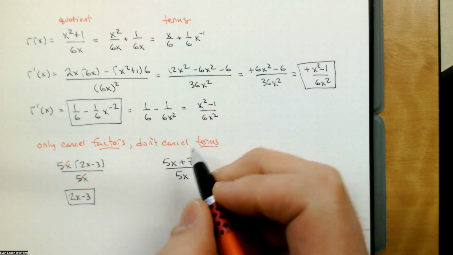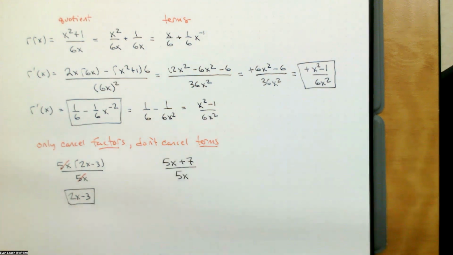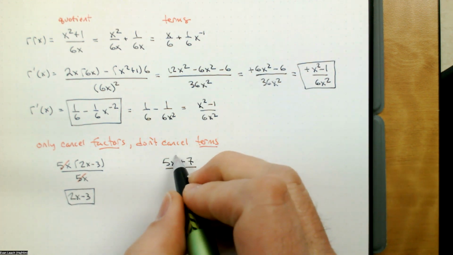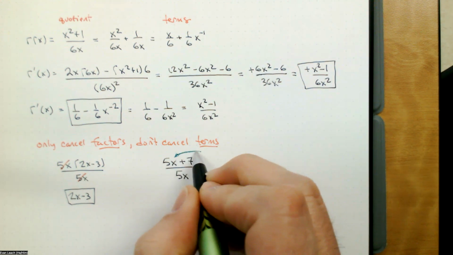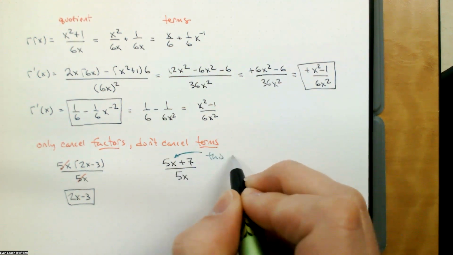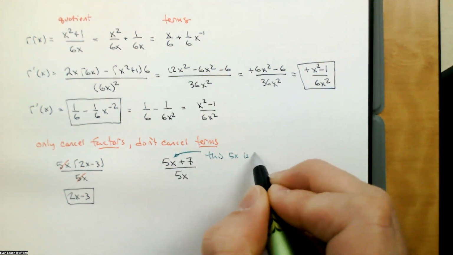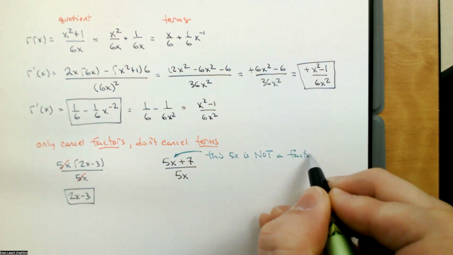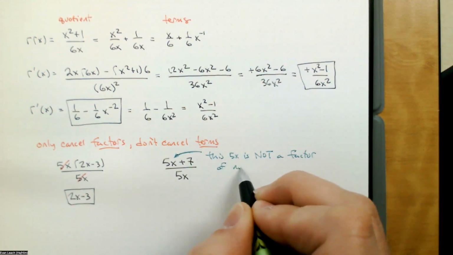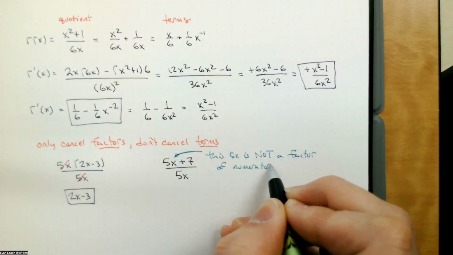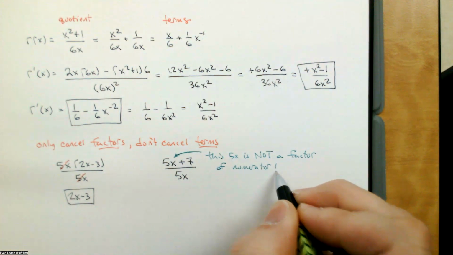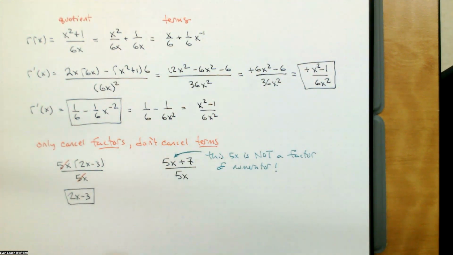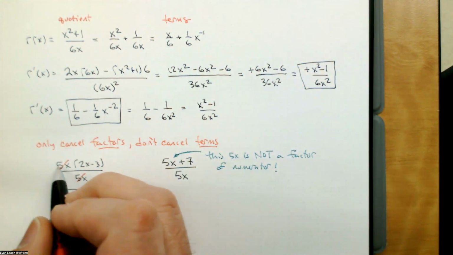So the 5x is not a factor. That 5x is not a factor of the numerator. In this problem, this 5x is a factor of the numerator.